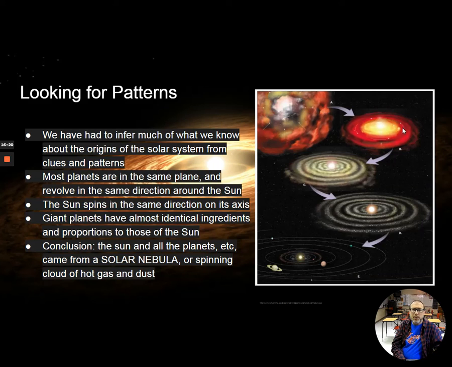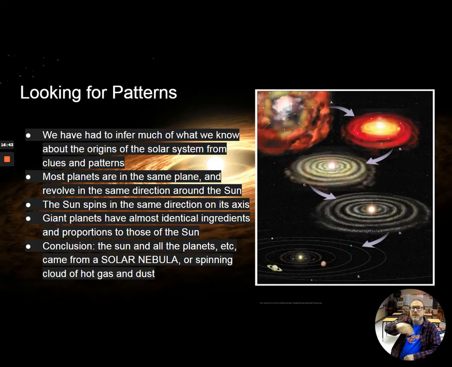And so, for example, if you look at the solar system today, like I said, the 8 planets that we have are mostly in the same ecliptic plane. They revolve around the sun in more or less the same direction. Most of them rotate in the same direction, with the exceptions of Venus and Uranus, which has a sideways rotation.